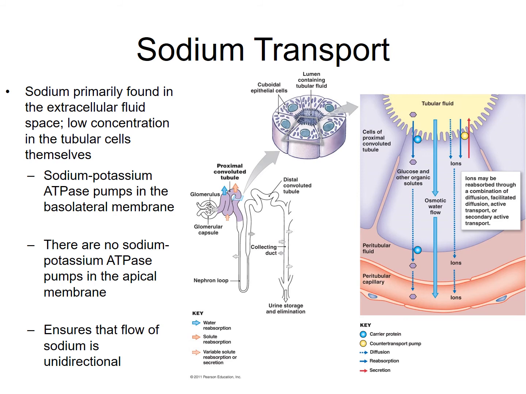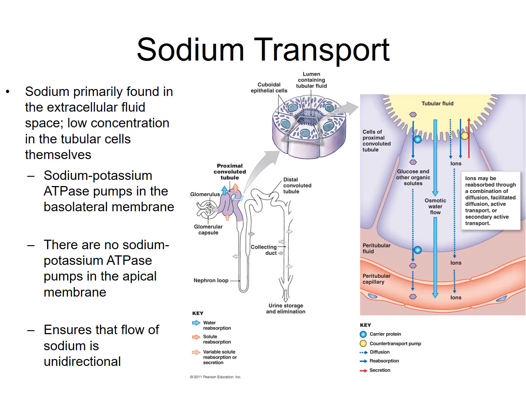There are no sodium-potassium ATPase pumps in the apical membrane here. So basically your flow of sodium is unidirectional, because the pumping of sodium in this direction at the basolateral membrane means that there's going to be a difference in concentration between the cells and the tubular fluid. Sodium ions will come through carrier proteins down their concentration gradient across the apical membrane in this direction.